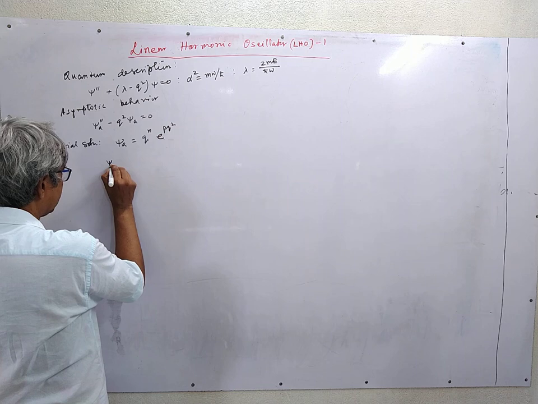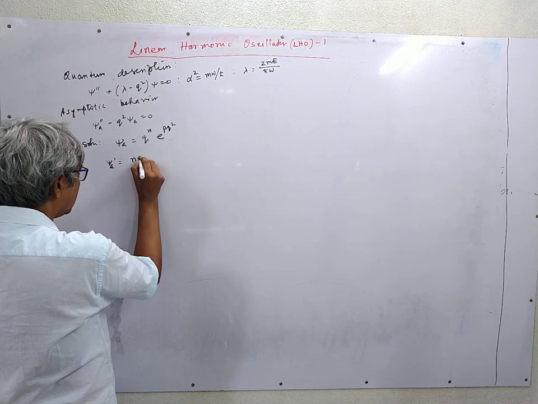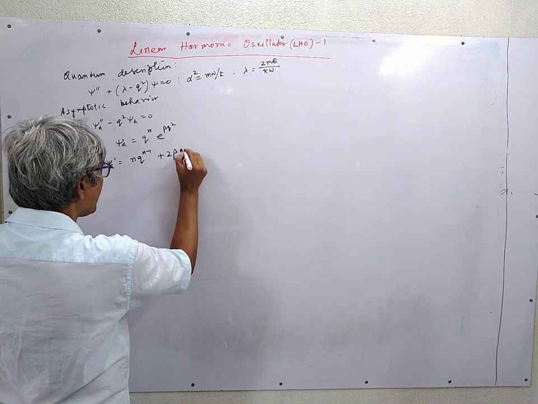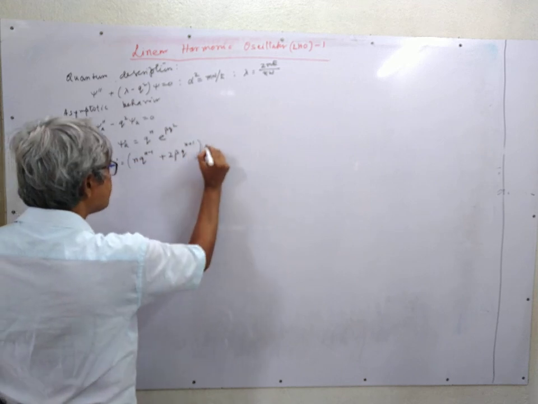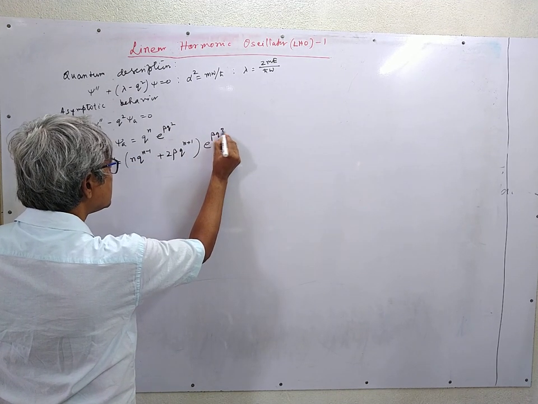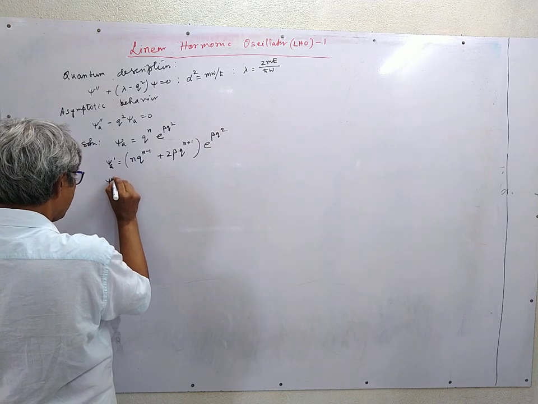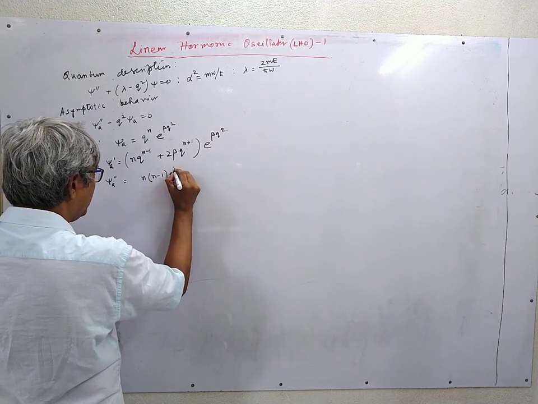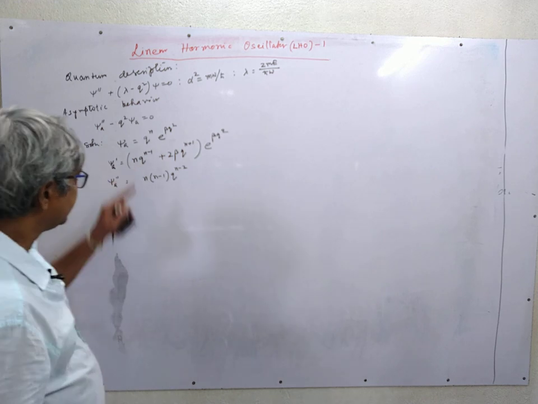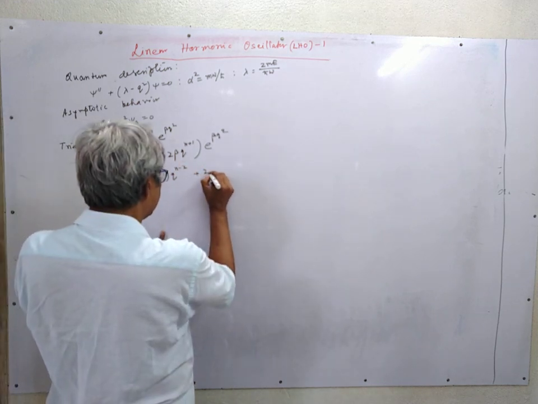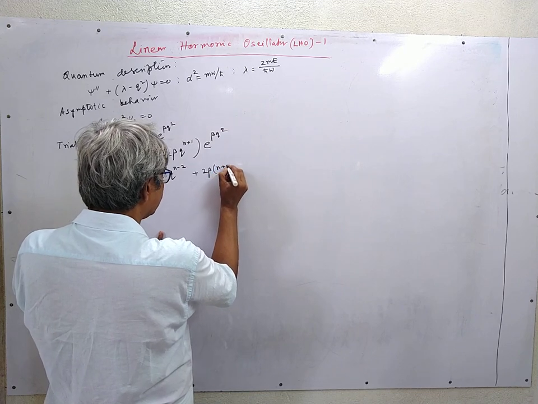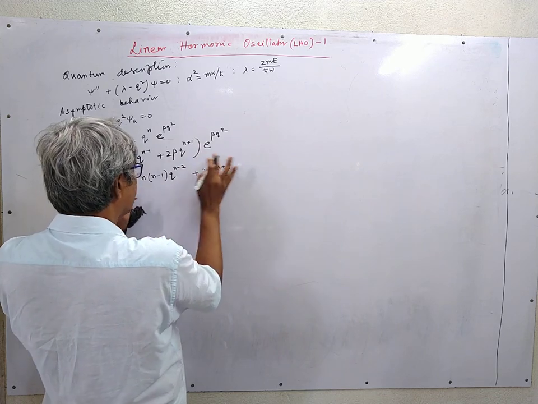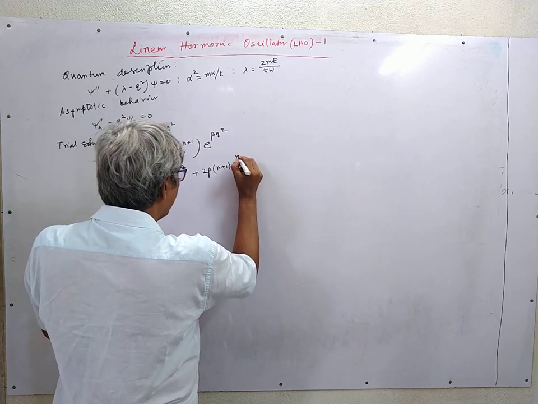Now the first derivative is this. This part is n into n minus 1 q to the power n minus 2 when we differentiate this term, and when we differentiate this term it is twice beta times 2n plus 1, times q to the power n.